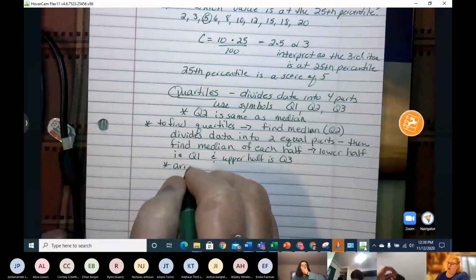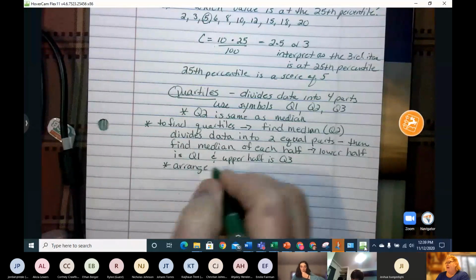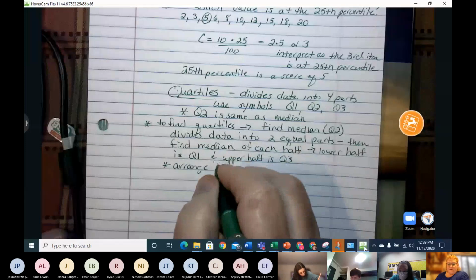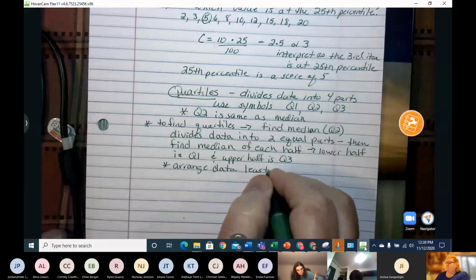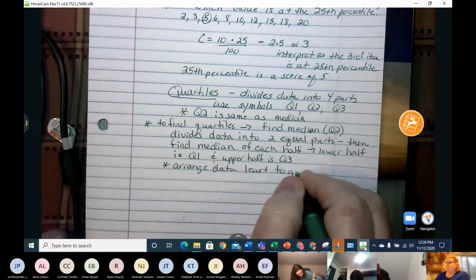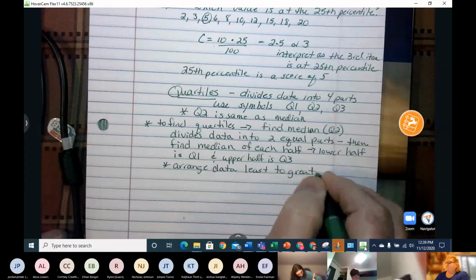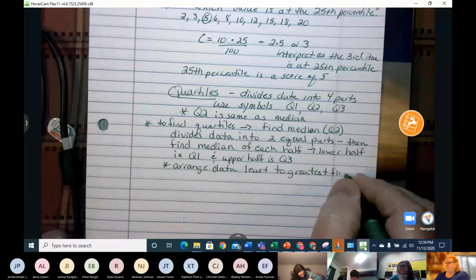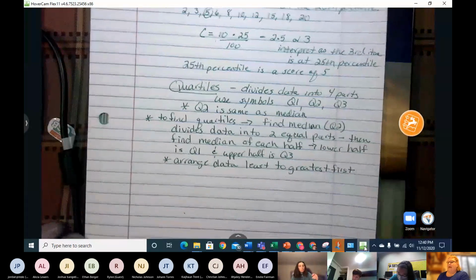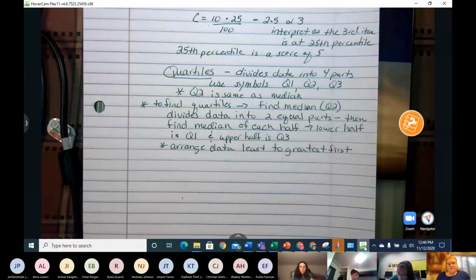Again, you always arrange that data from least to greatest first. You have to do that first, or it's not going to work out correctly.